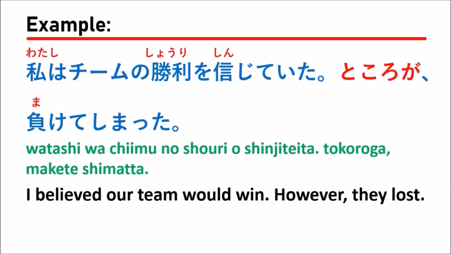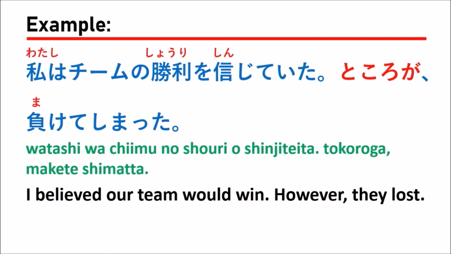The first sentence is the expectation of the speaker, the person who is talking, right? Here our expectation is 私はチームの勝利を信じていた, which means I believed our team would win.